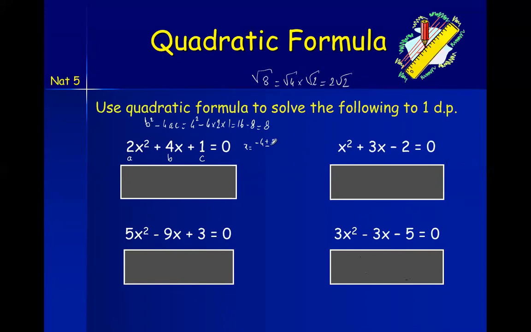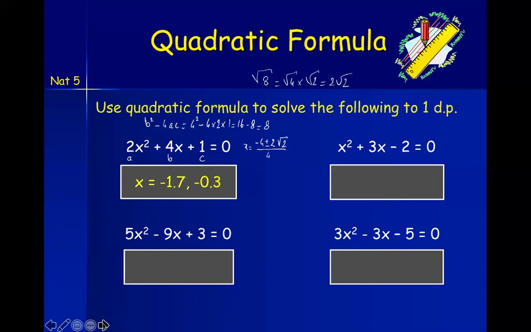So plus 2 root 2 divided by 2a, so 2 times 2 is 4. You can try that in your calculator. Or if they ask you to leave it as a surd, you would just say minus 1 plus and minus a half of root 2. If you type that in your calculator, this is the answer you should be getting.